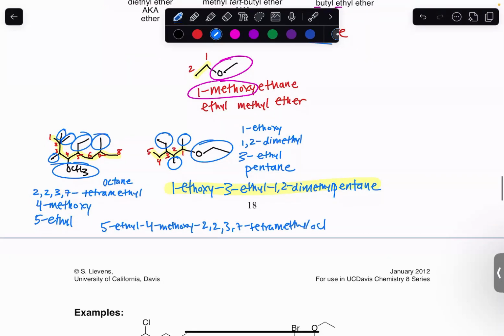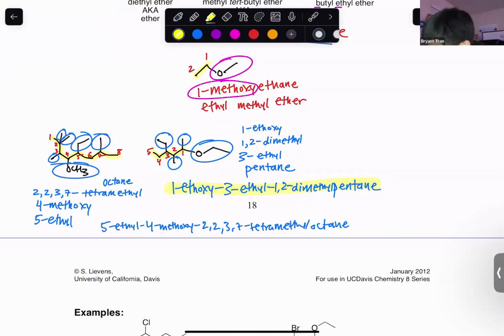Yep, that's right. So be careful of what the longest chain is, and from that longest chain, use that as a reference point for all the other substituents.